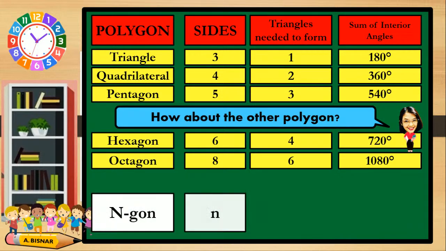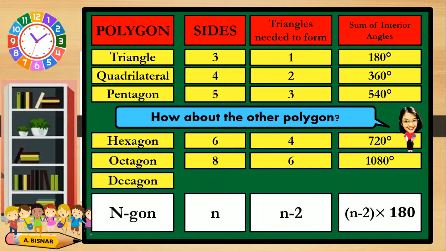Okay? Wait lang. Sagutan natin yung decagon. Na-late yung movement. Wait lang. So, sa decagon, a decagon has 10 sides. If a decagon has 10 sides, ilang triangles ang kailangan to form a decagon?